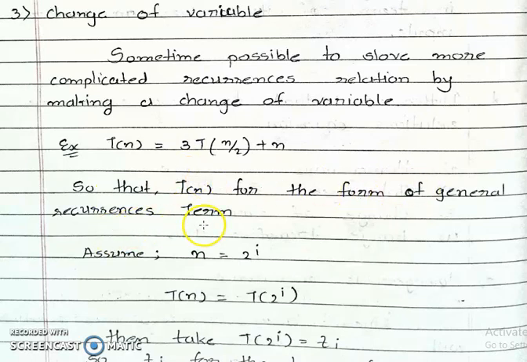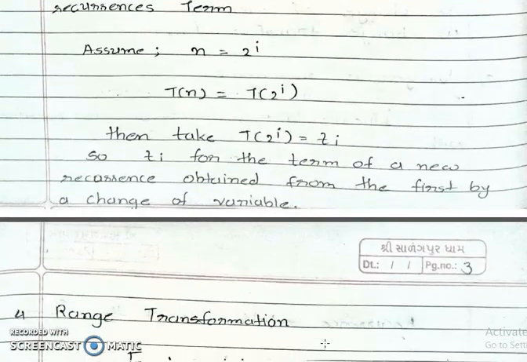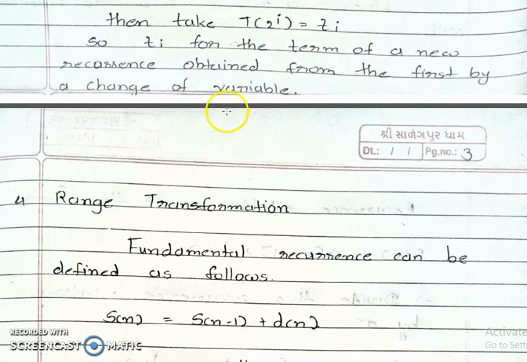We assume that n is equal to 2 raised to i, so T of n equals T of 2 raised to i. Then take capital T of 2 raised to i equal to small t i. So t i is a new recurrence relation obtained from the first by a change of variable.